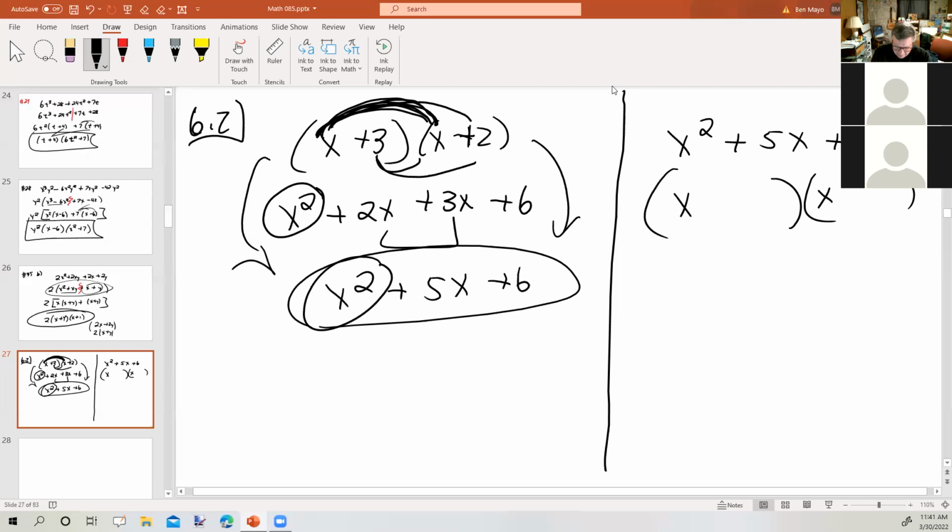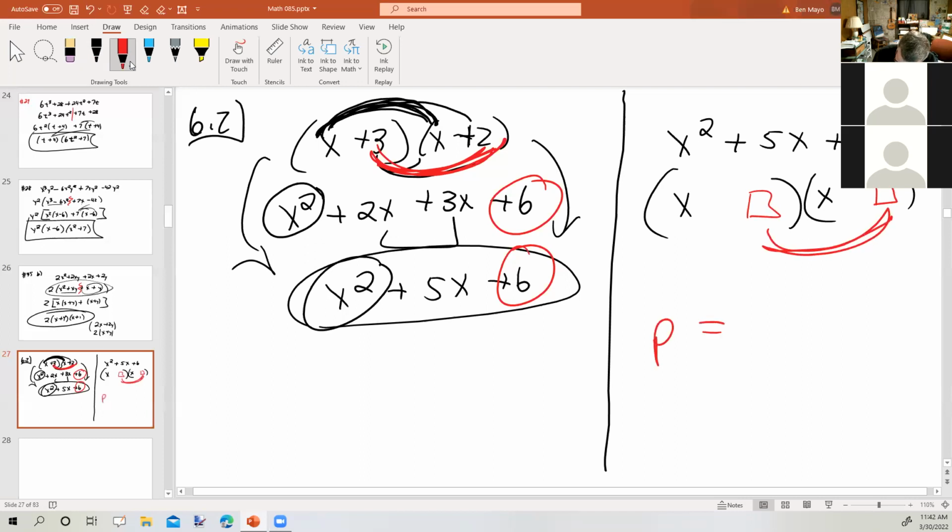Any questions about that? All right, let's take a look at this term. Where did that come from? It came from 3 times 2. So that means that this number, whatever goes there, times that number, they have to have a product that's equal to 6.